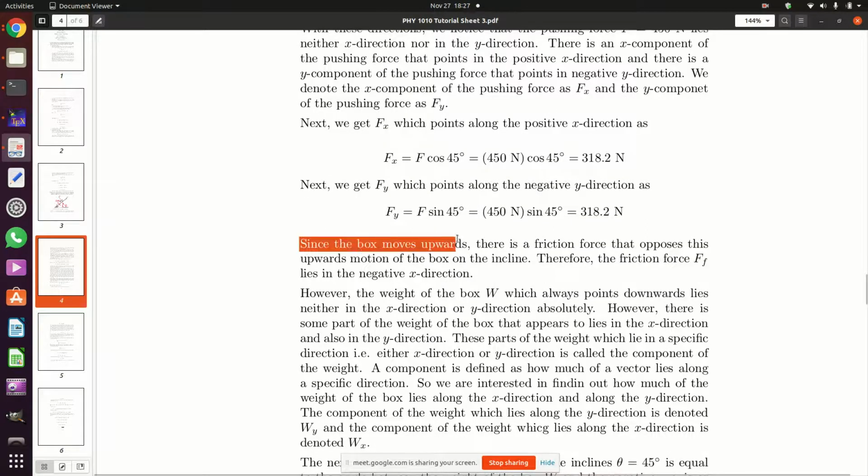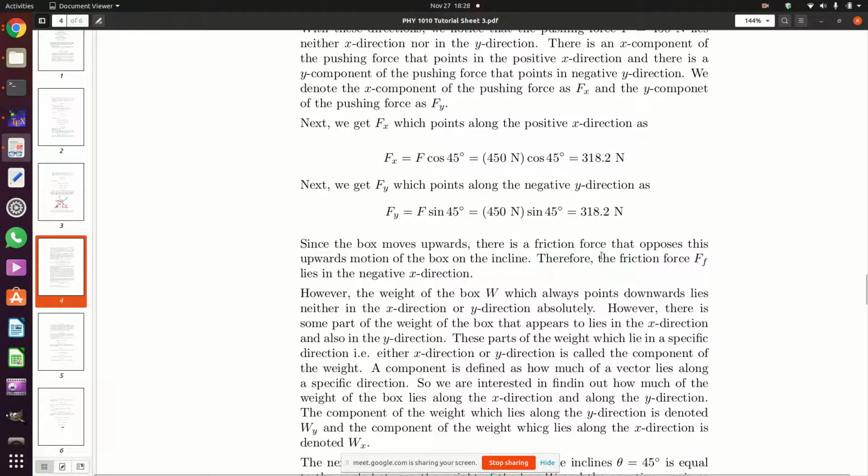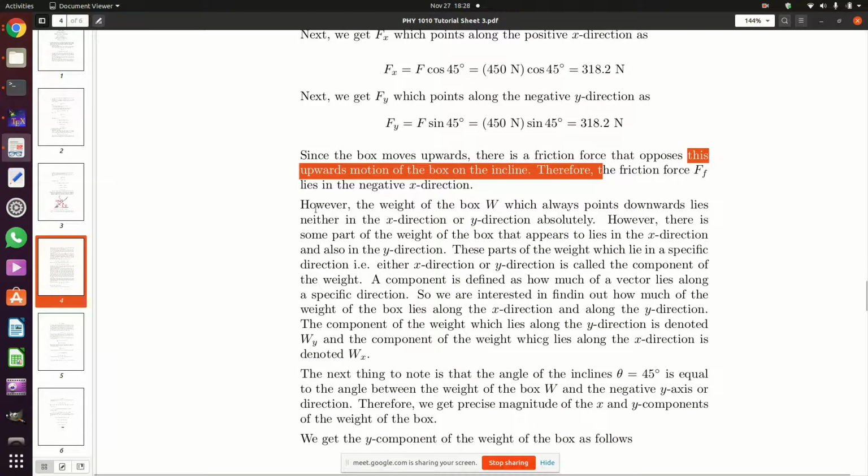The next thing, this one remains. Since the box moves upwards, there is a friction force that opposes the upward motion of the box on the incline. The friction force lies in the negative x direction.